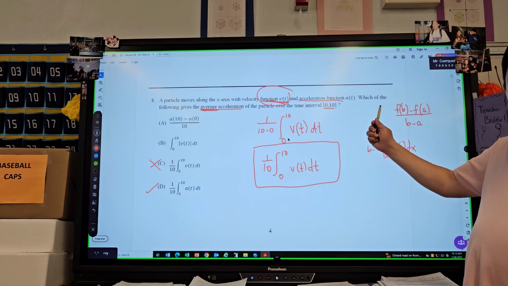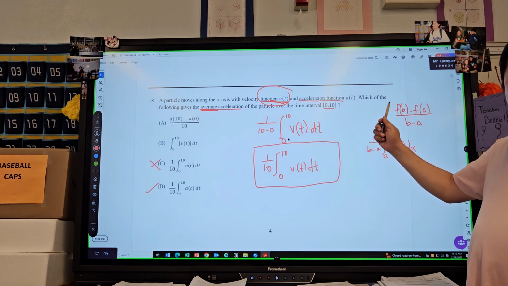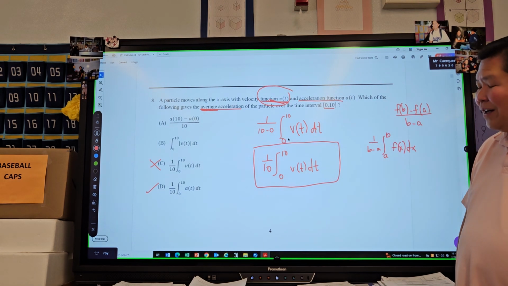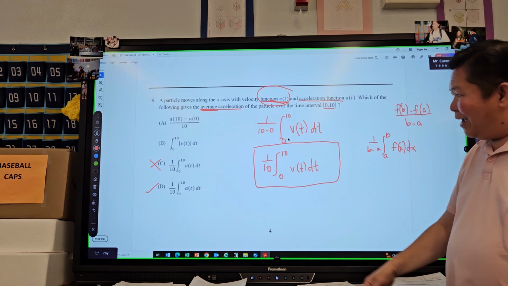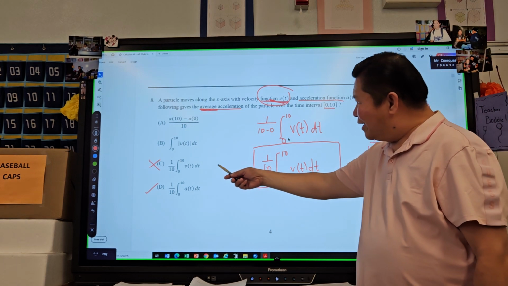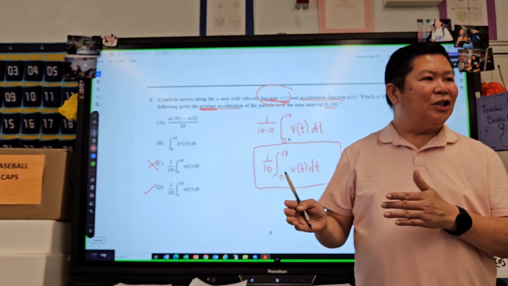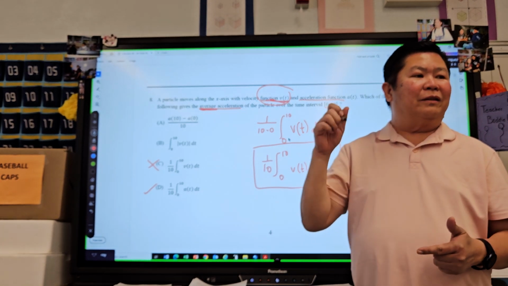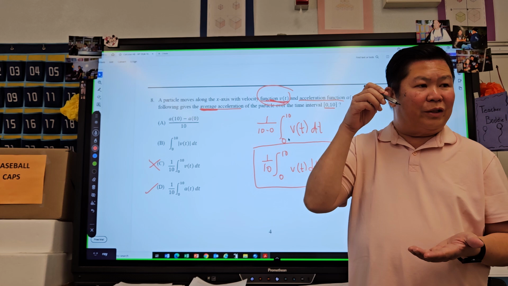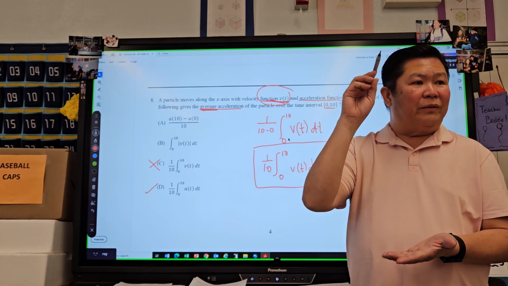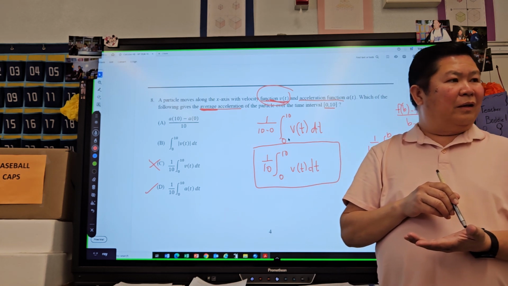Very tricky question, right? Because I myself at the start thought that this was the right answer, but no, because I went back to the question and analyzed it. The question is really going to acceleration from the velocity. Okay?